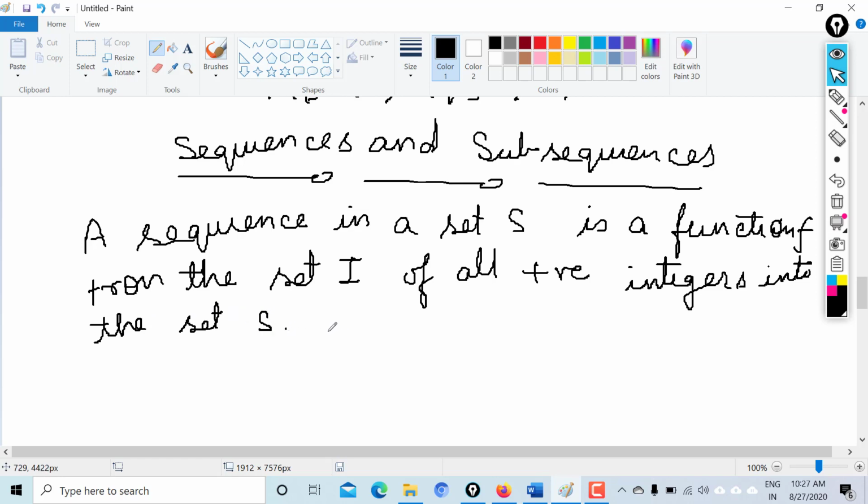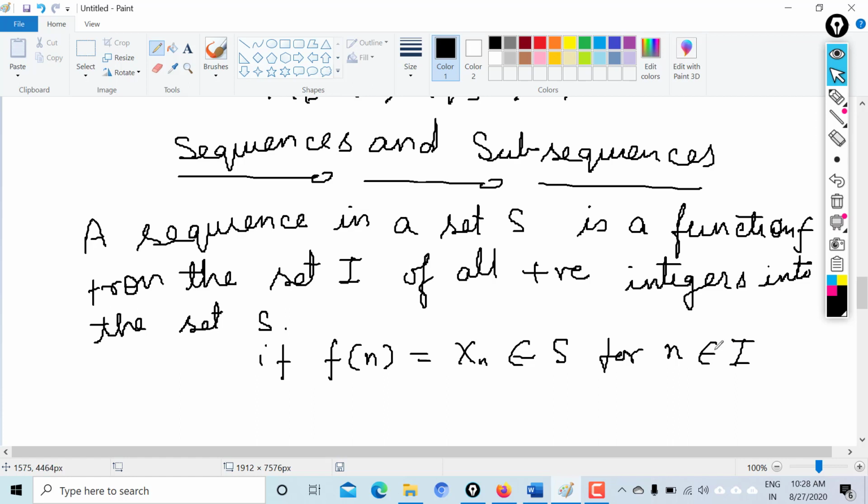If f(n) equals x_n, and x_n belongs to S for n belonging to the positive integers, we denote the sequence by x.